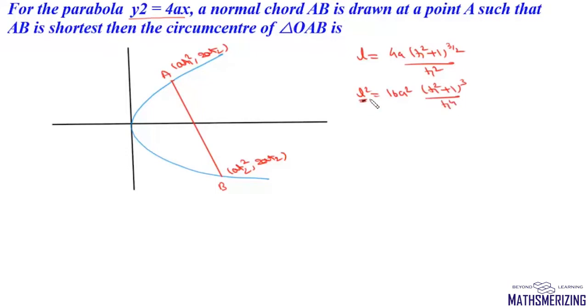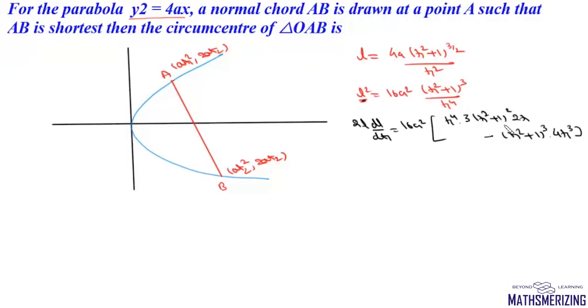Now we'll differentiate with respect to t1. So we'll write 2L dL upon dt1. It'll be 16a square, and then we can write t1 to the power 4 into 3 (t1 square plus 1) whole square into 2t1, and then minus (t1 square plus 1) whole cube into 4 t1 cube.